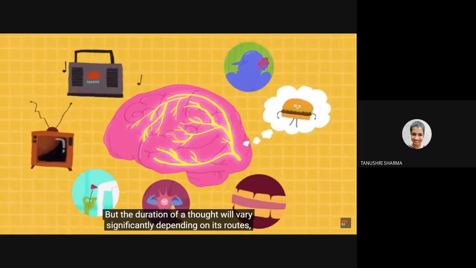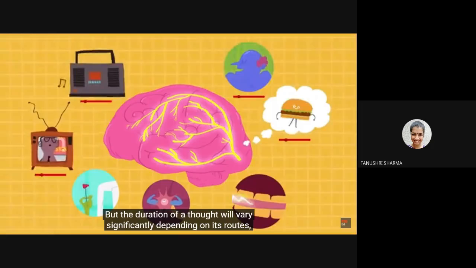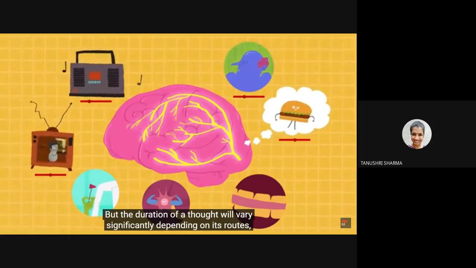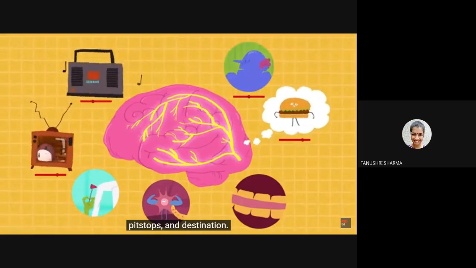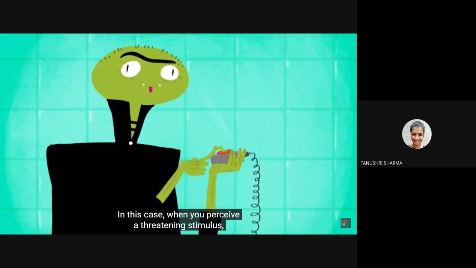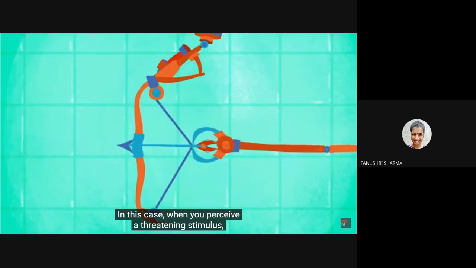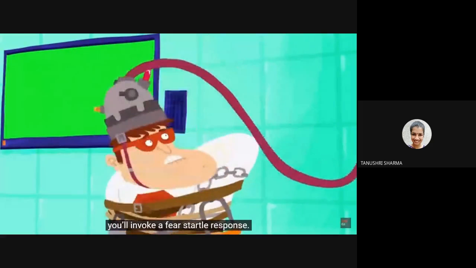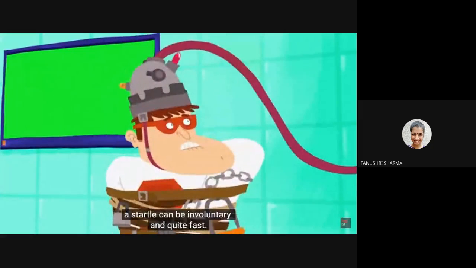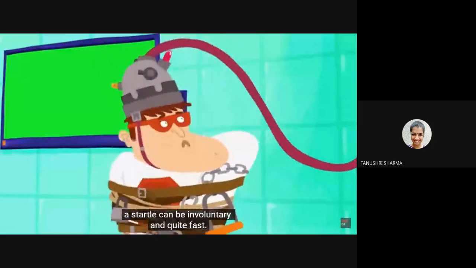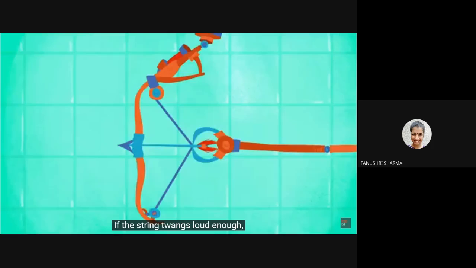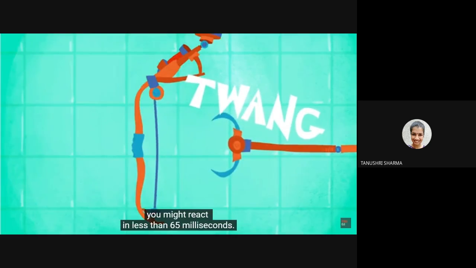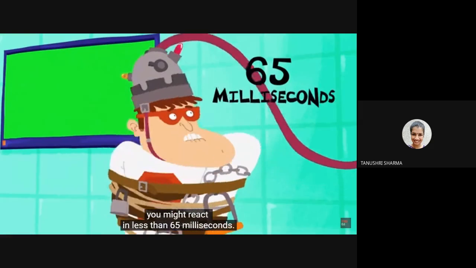But the duration of a thought will vary significantly depending on its routes, pit stops, and destination. In this case, when you perceive a threatening stimulus, you'll invoke a fear startle response. Similar to the knee-jerk response, a startle can be involuntary and quite fast. If the string twangs loud enough, you might react in less than 65 milliseconds.